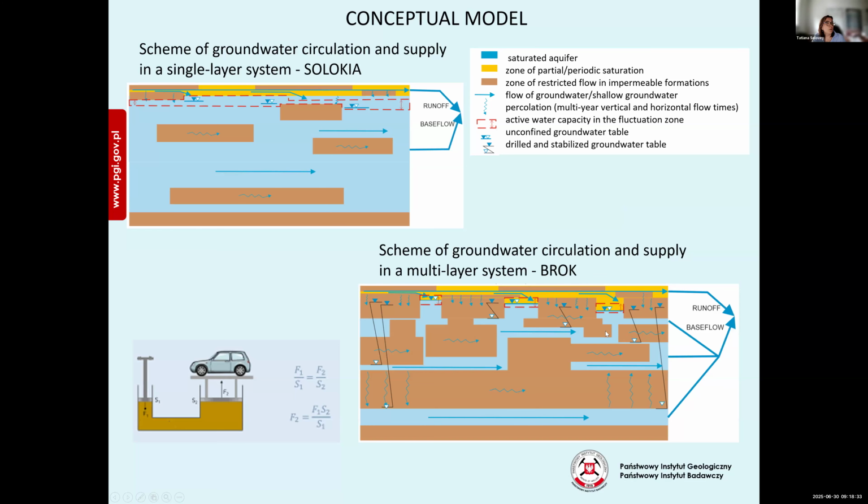While the groundwater flow system in the Solokia is relatively simple and single-layered, in the Brock catchment it is important to note that fluctuations in the groundwater level and changes in groundwater storage are limited to the area where the unconfined aquifer occurs and is hydraulically connected to the confined aquifer.